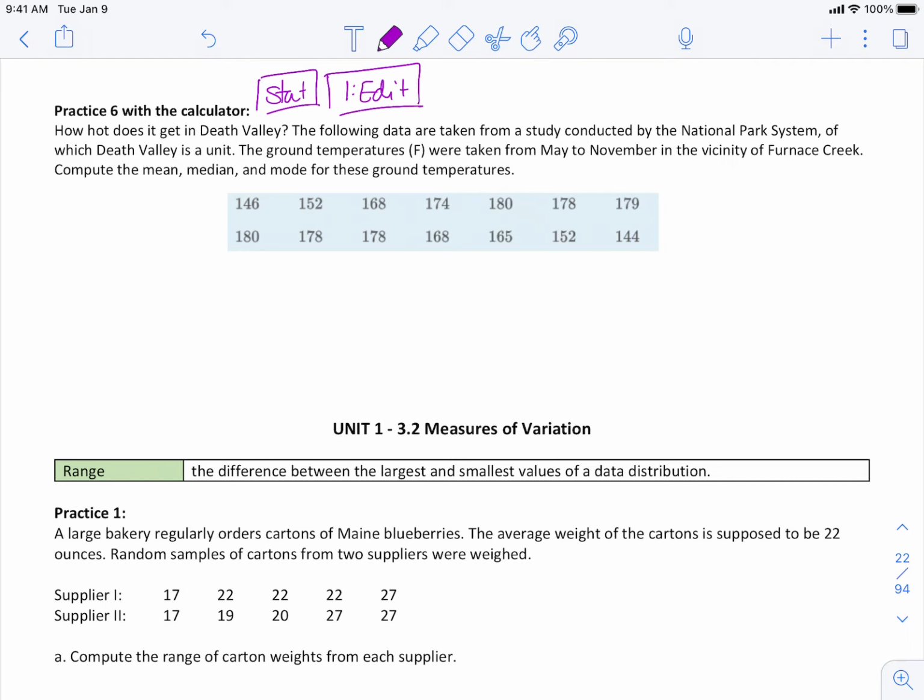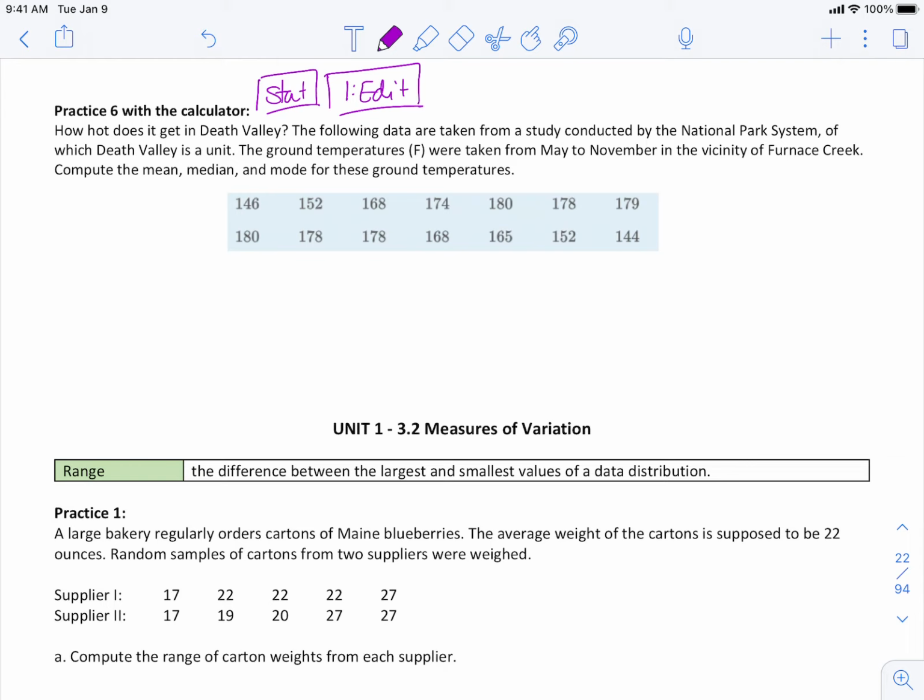You're going to type in each of these data points into your L1. Okay, once these are typed in, you're going to hit second mode to quit out of that screen.